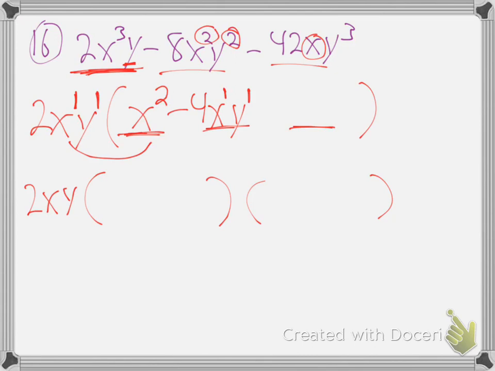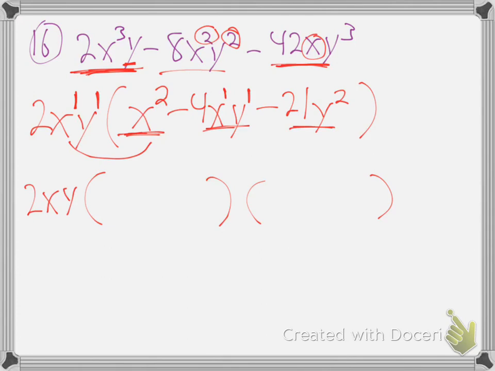Remember, out front numbers multiply, powers add. Minus, and then 2 times what makes 42? 21 y squared. No x there because it would go to too high of a power. We good there? Is that making sense?